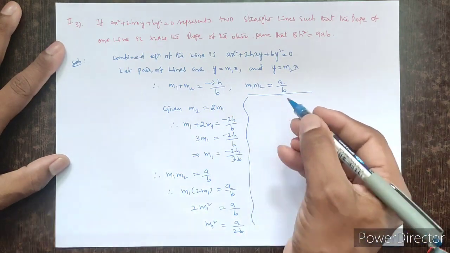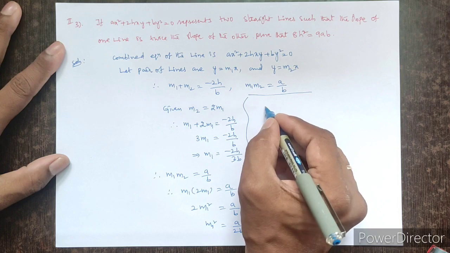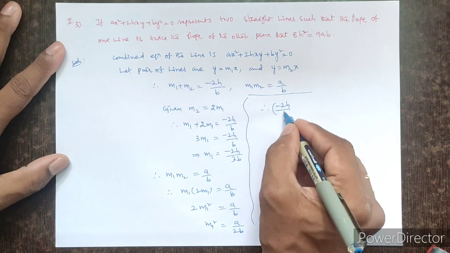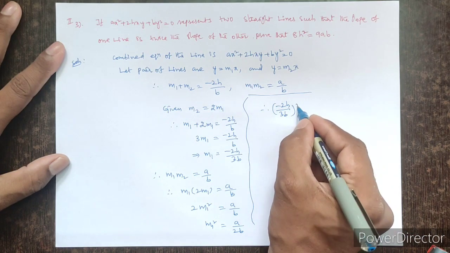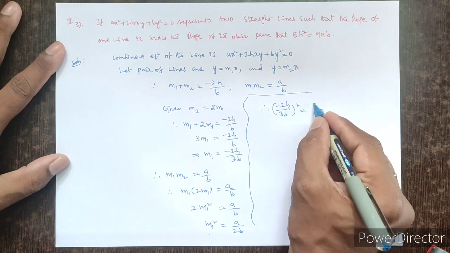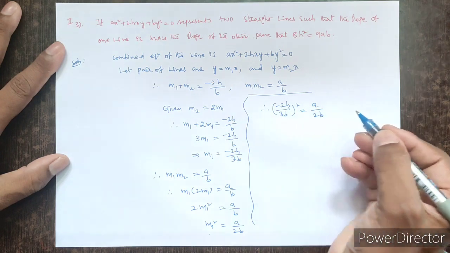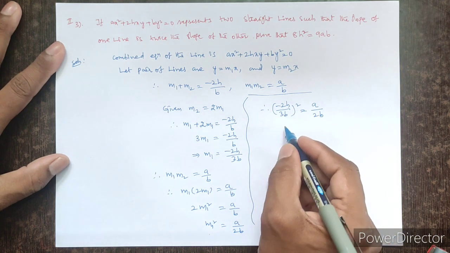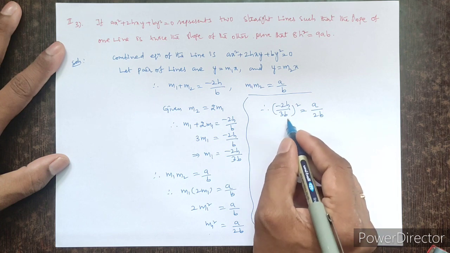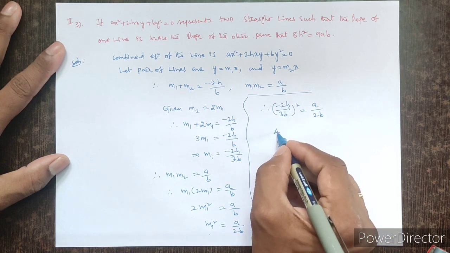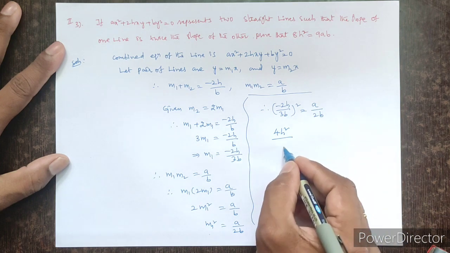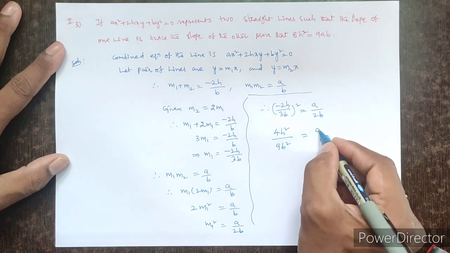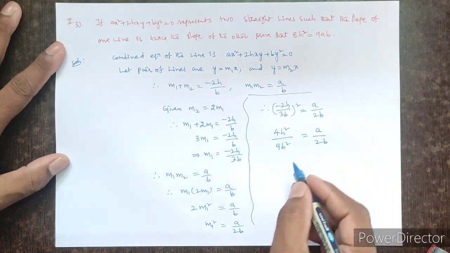What is m1? From here, m1 is nothing but minus 2h by 3b, whole square. m1 square equal to a by 2b. This minus 2h by 3b whole square is nothing but 4h square by 3b whole square, which is 9b square, equal to a by 2b.